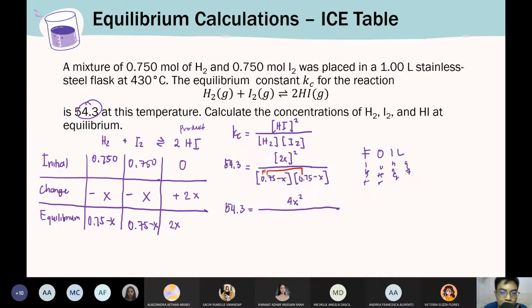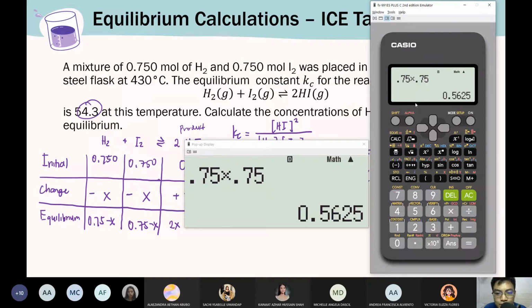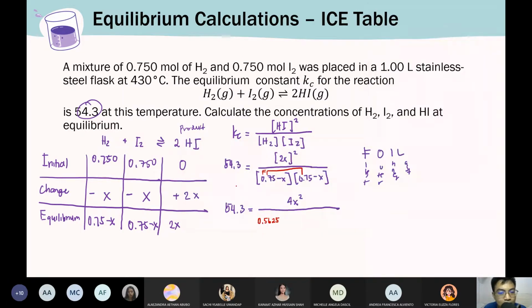Okay, so 0.5625. Then outer. Okay, so yun yung first. Outer naman tayo. So this is that times that. Okay, so 0.75 times negative x. 0.75x negative.